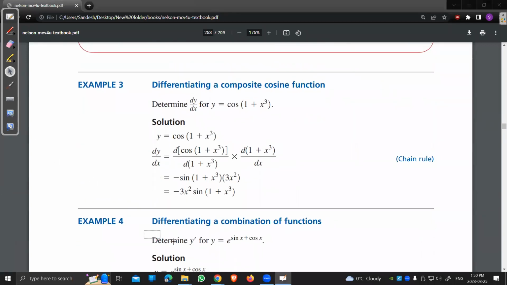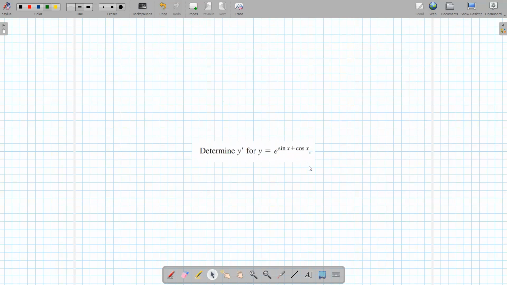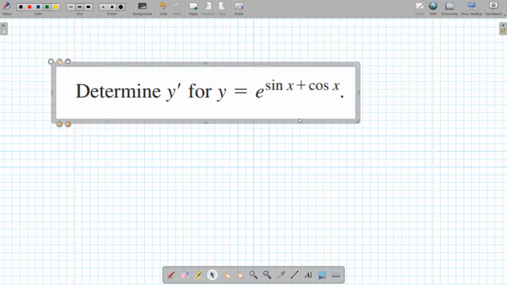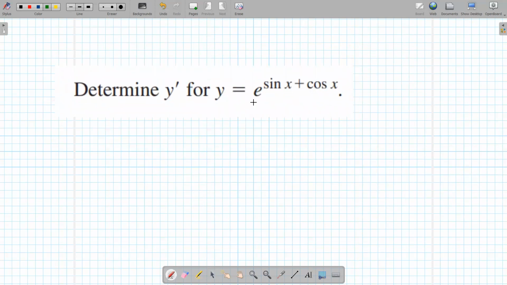All right, now they've combined it, but we got this. Nothing's gonna change. Remember, this is an e function now. What's the derivative of any e function? It was this, right? E to the f of x becomes itself, but then you got to multiply it by the derivative of that exponent. What will it be here?